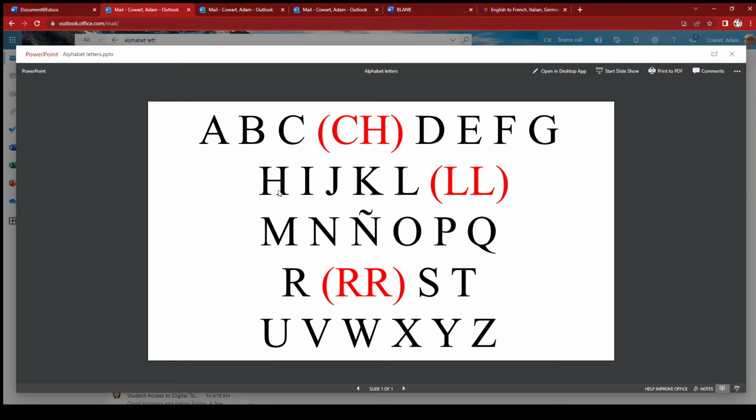An H makes no sound in Spanish at all. E, H, K, L, Y, M, N, Ñ, O, P, K, which you'll always see with the U. R, R, S, T, U, B, W, X, or H sometimes.